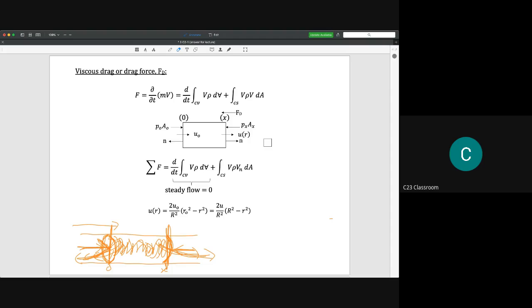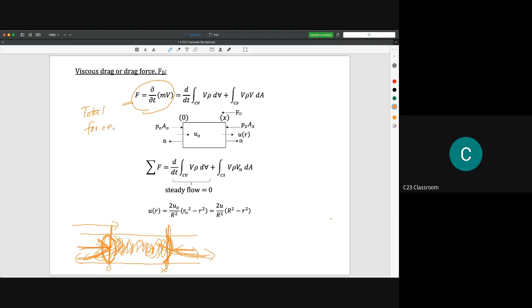Now we already show all the necessary parts in this free body diagram, and to solve this we need to stick with the idea of the Reynolds transport theorem. So the idea is here: d/dt of mv reflects the total force.